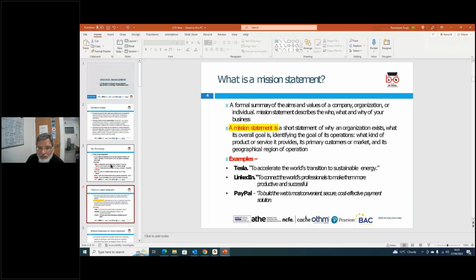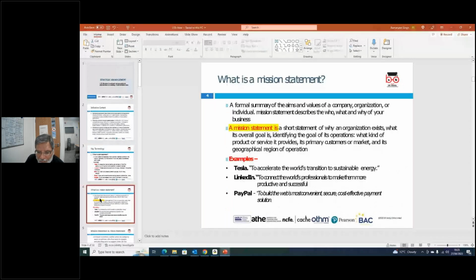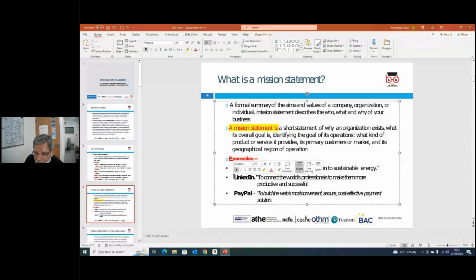For example, we were talking about LinkedIn. Their vision, for example, is to create economic opportunity for every member of the global workforce community, but their mission statement is different, whereby they say to connect the world's professionals to make them more productive and successful.